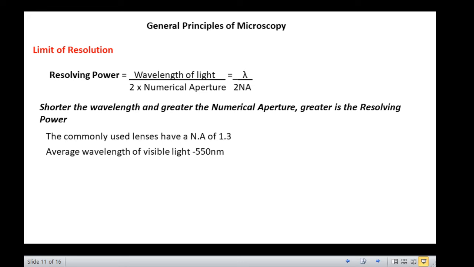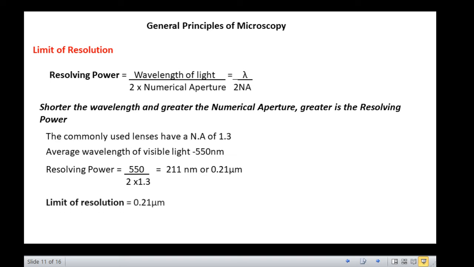Substituting these values in the formula, we get resolving power is equal to 550 upon 2 into 1.3, which gives us 211 nanometer or 0.21 micrometer. From these calculations, we may conclude that the smallest details that can be achieved by the light microscope are those having dimensions of around 0.2 micrometer. This is called the limit of resolution of light microscopy.